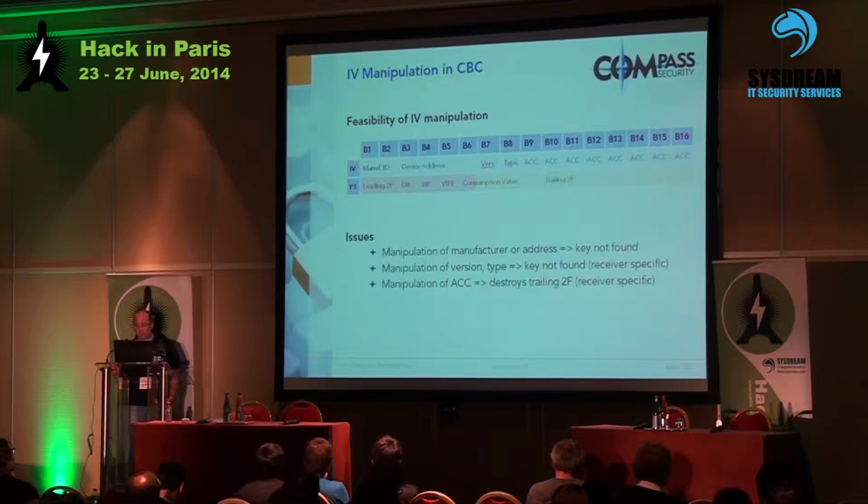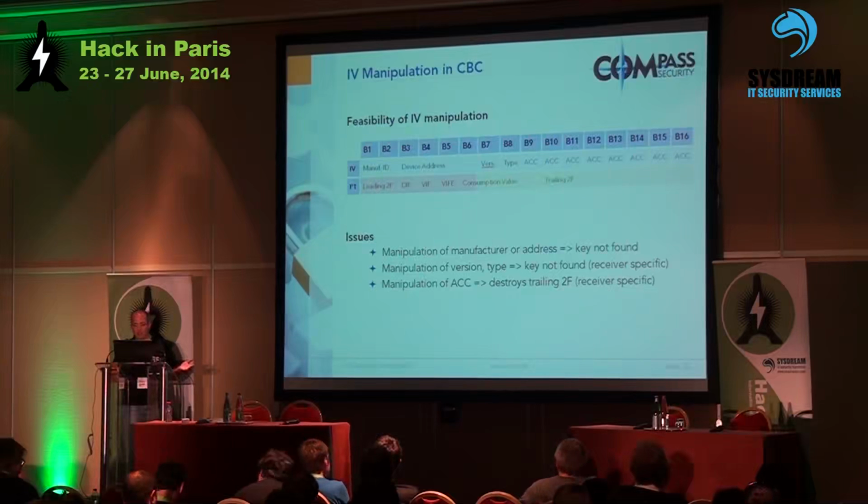If we do that, we just destroy the trailing 2F, which are used as padding for the packet. But as the wireless meter protocol is built with fixed length values, where you always tell the receiver how many bytes of values are being appended, they don't really need to look at the trailing 2F. So I don't think any developer is going to check whether these are valid 2Fs or not. So there you could actually manipulate.